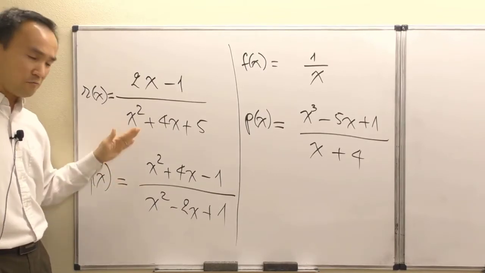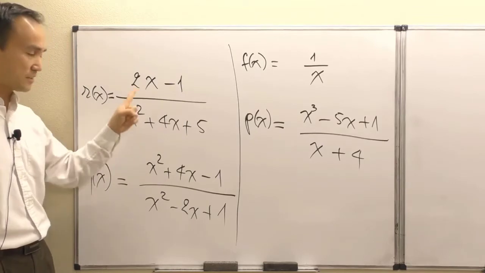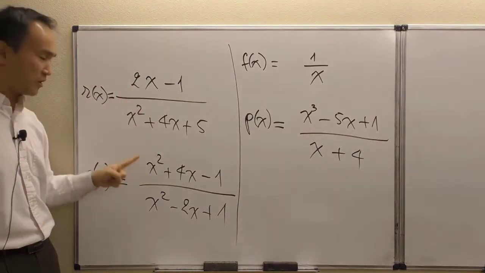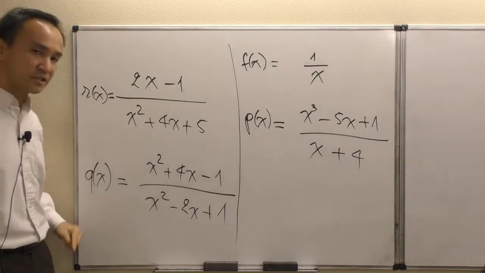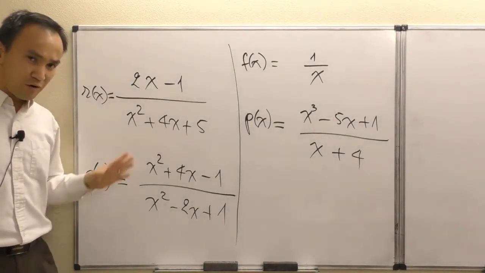But what mainly caught my attention again is that it's a fraction. So that's the one common thing these two functions, r of x and q of x, have in common. We recognize a fraction.